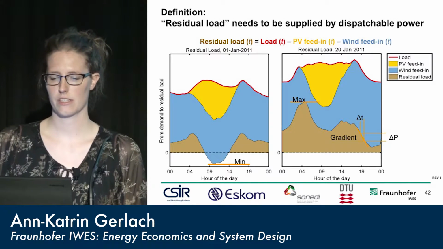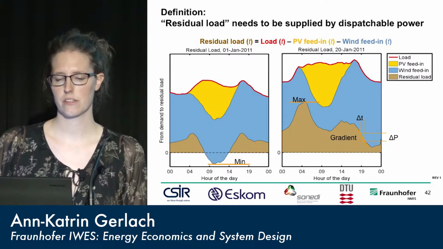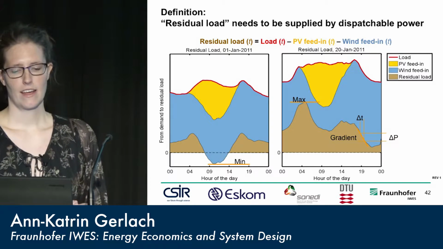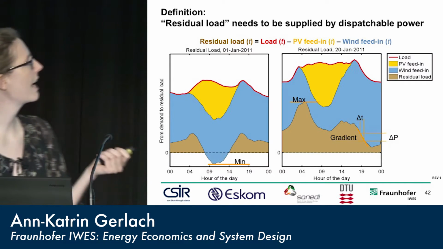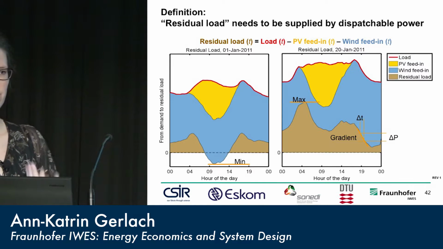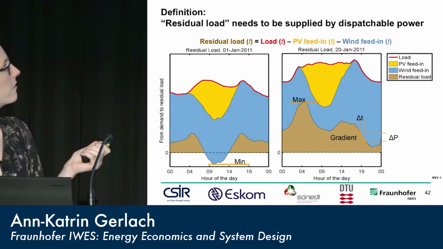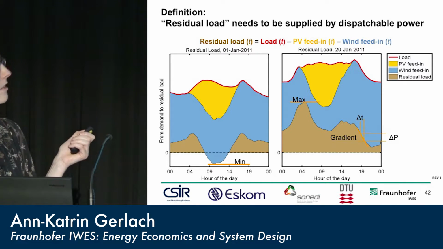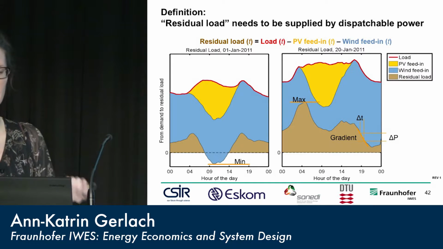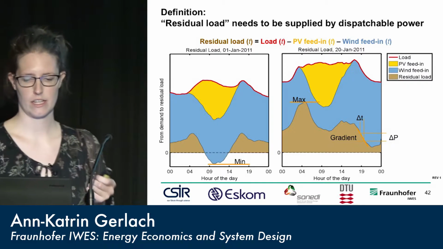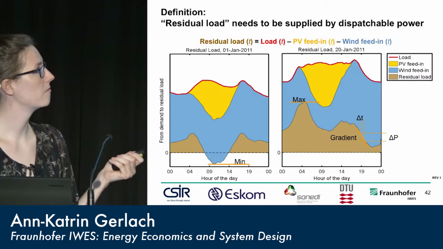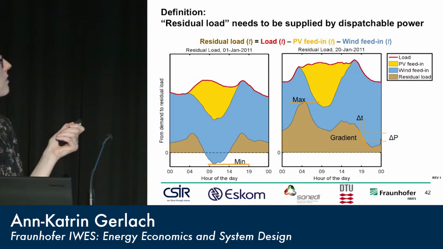So finally, I want to explain residual load because that's quite important for the whole study. What we have in the first is the demand of the country, and then we want to know how much has to be given by this conventional energy or flexible energy if we include unflexible power sources.